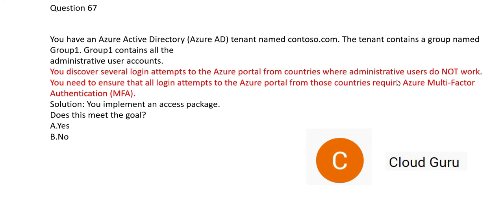Something of that sort is happening, and you need to ensure that all login attempts to the Azure portal from those countries require multi-factor authentication. So, for example, in Romania and Lithuania, you don't have administrative users. Whenever someone is accessing from there, you want to put one extra layer of validation, that is via MFA.